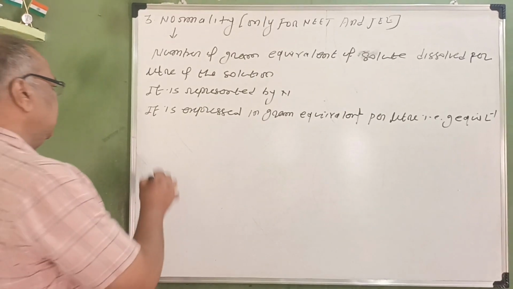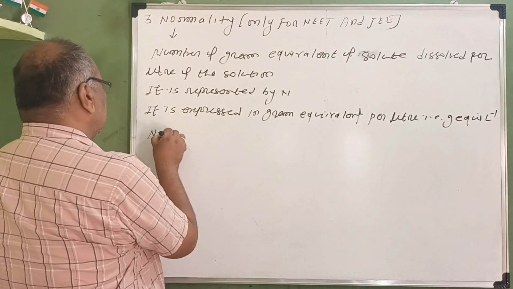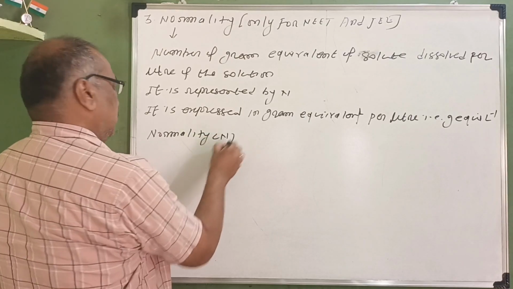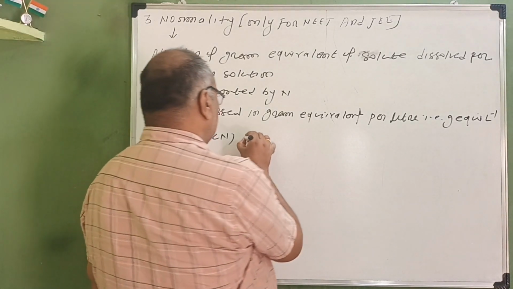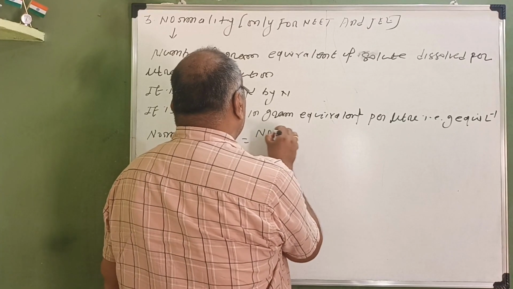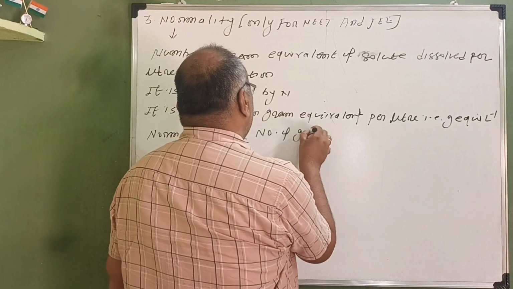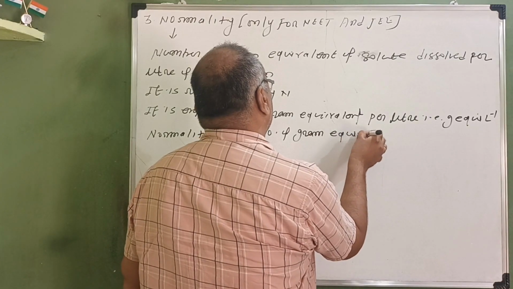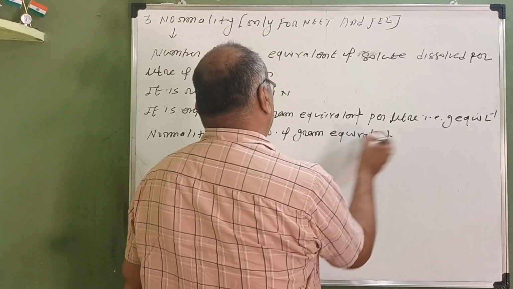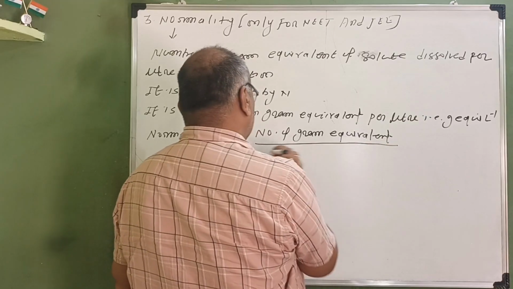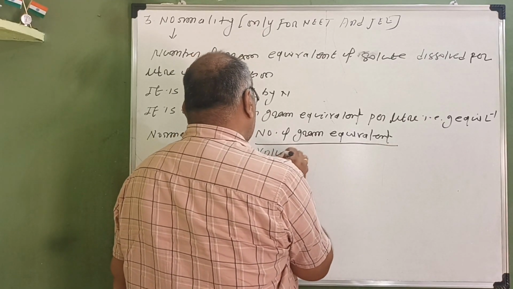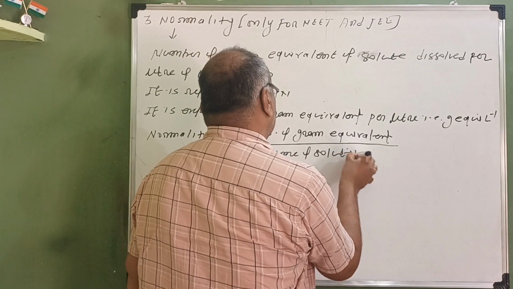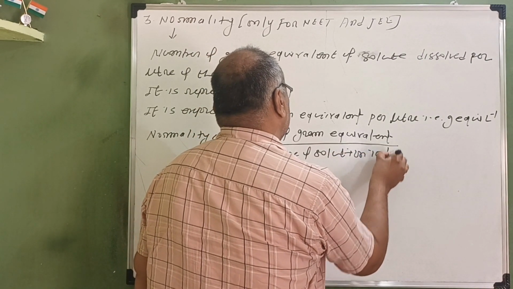Now according to the definition, normality N equal to number of gram equivalents upon volume of solution in liter.